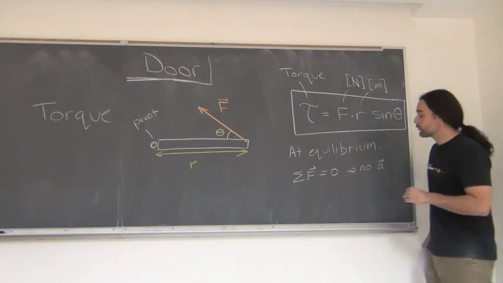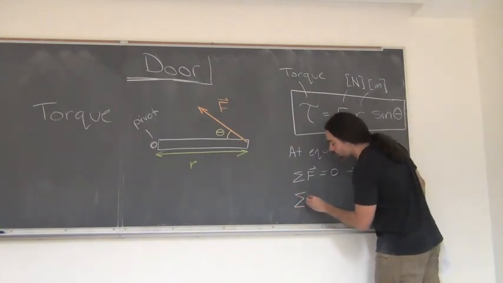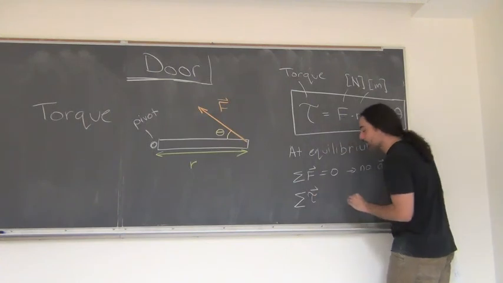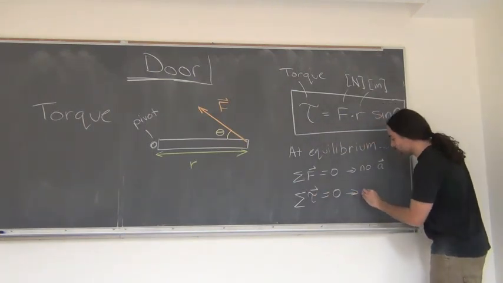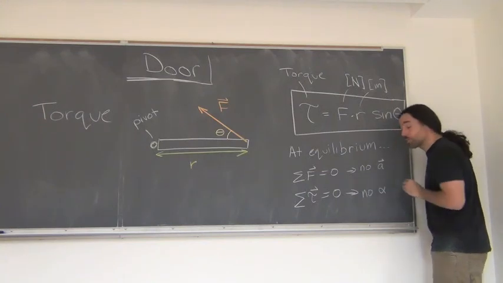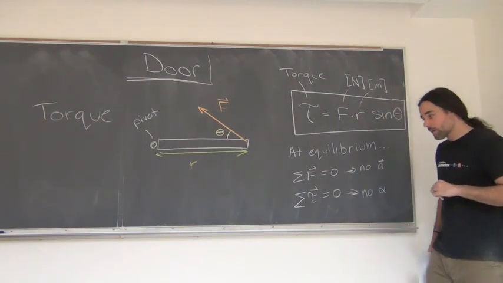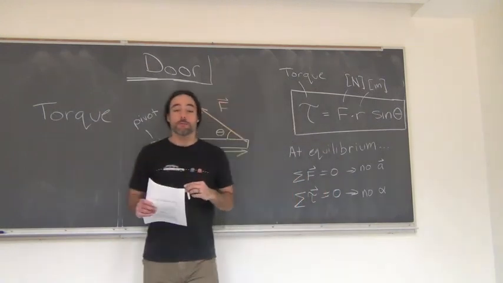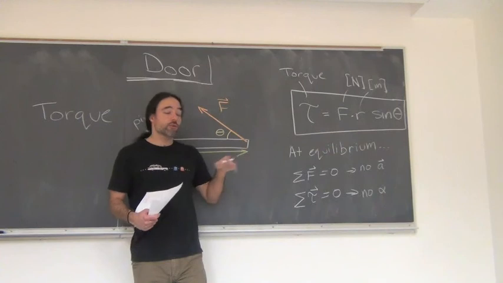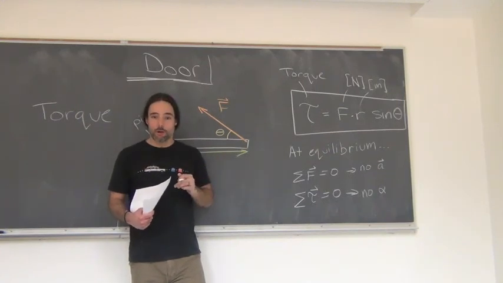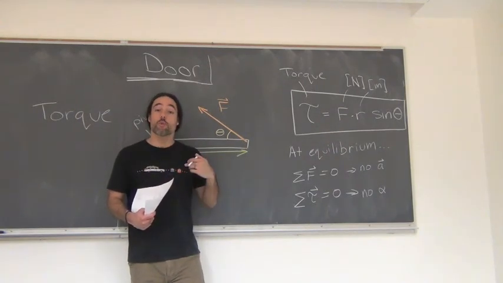However, it's also going to be true that I have no net torque. So when I add up all the torques, that's going to be 0. That means we have no angular acceleration, which we write by alpha. So equilibrium situations are very common in nature. These are some problems that we're going to want to play around with for a bit, just to give us some practice working with torque.